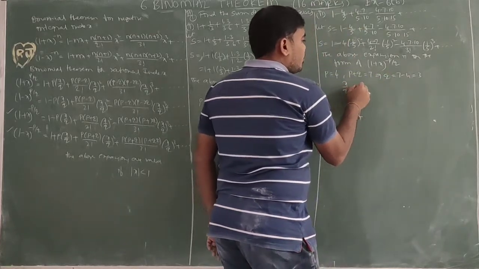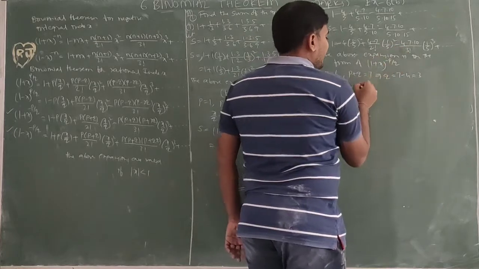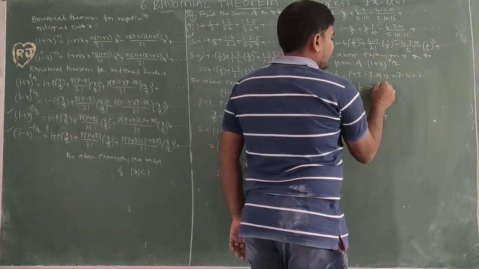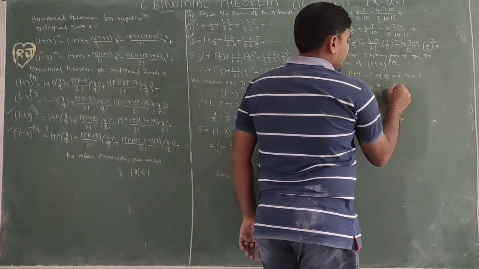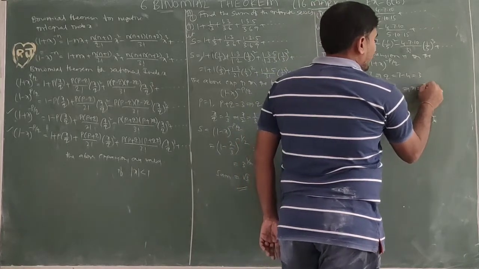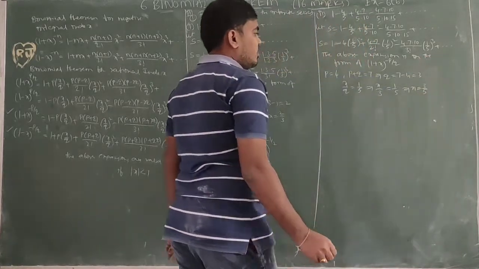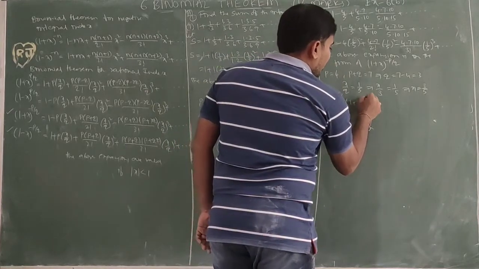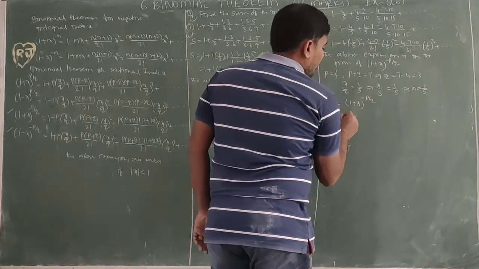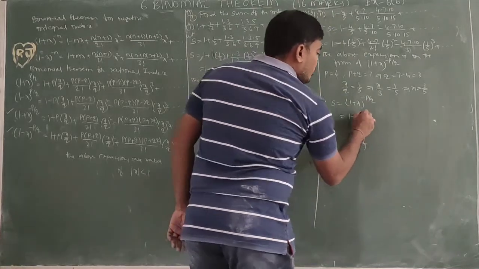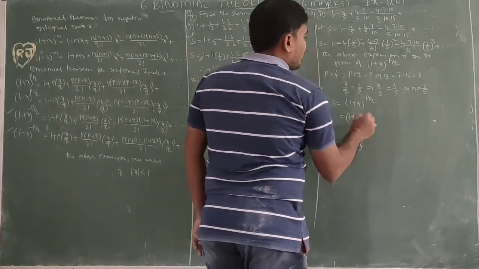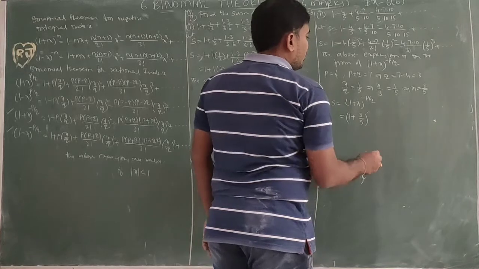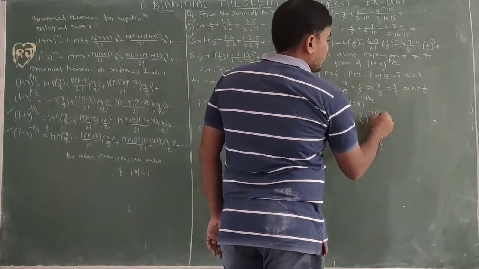x by q equal to, how much within the bracket? 1 by 5. x by q equal to 1 by 5 implies x equal to 3 by 5. Now S is equal to 1 plus x whole power minus p by q, 1 plus 3 by 5 whole power minus 4 by 3.